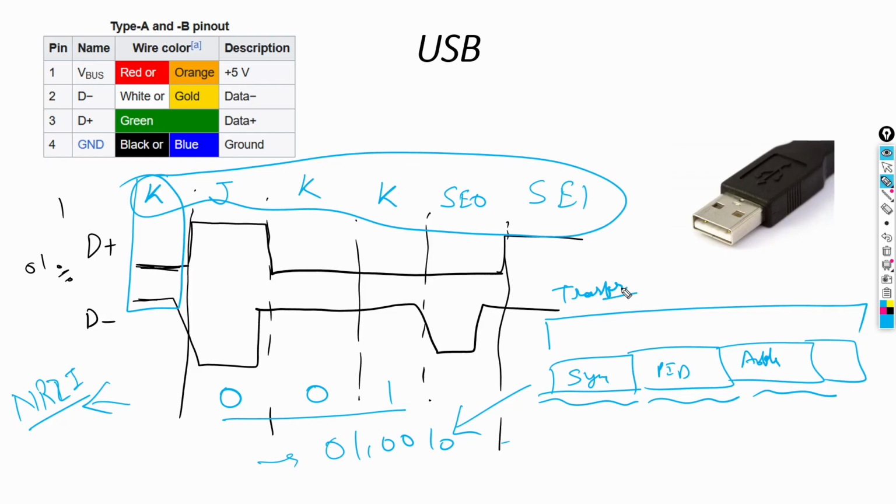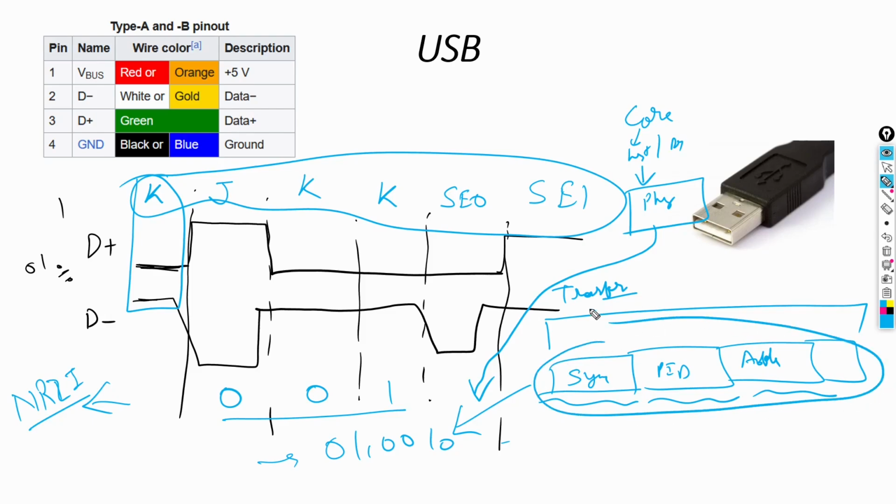We have control, bulk, interrupt, and ISOC transfers. 4 transfers we have. And then how do we initiate a transfer? The core will do it. It can be either the host or the device. The core will issue a transfer and send it to the PHY. The PHY will serialize it and send it to D plus and D minus. But this will come from our core. Now when to do what transfer?